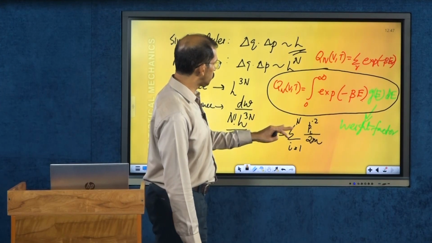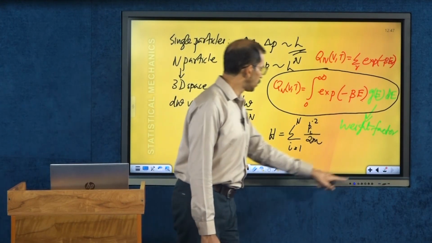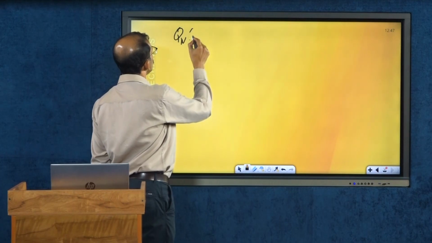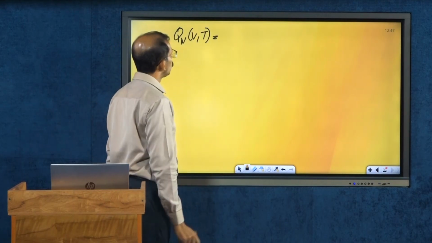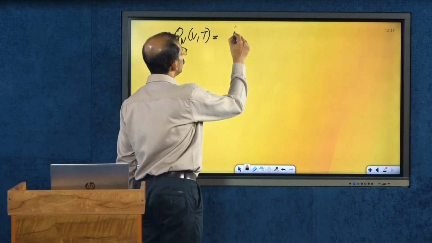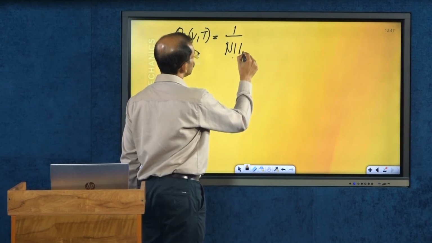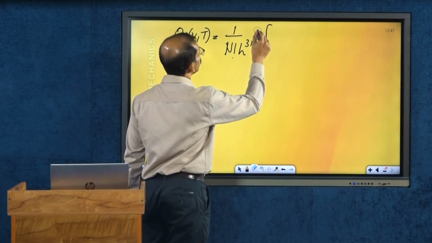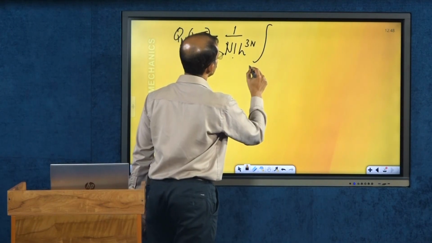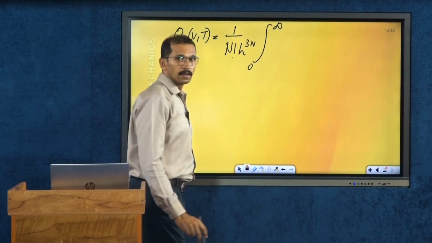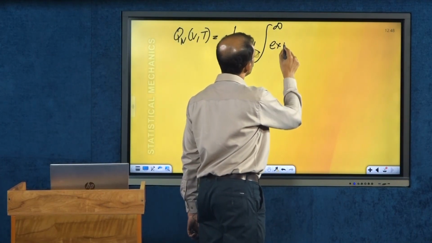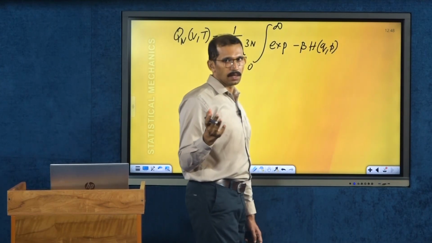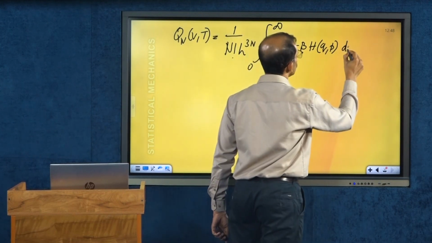So now let me put all of those things together into one single equation, and therefore I can write Q_N V T is equal to 1 by N factorial h raised to 3N integral 0 to infinity exponential minus beta H of q, p, because we are necessarily in the phase space, H of q, p d omega.